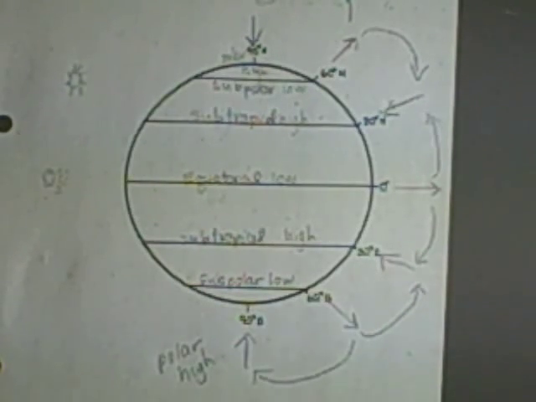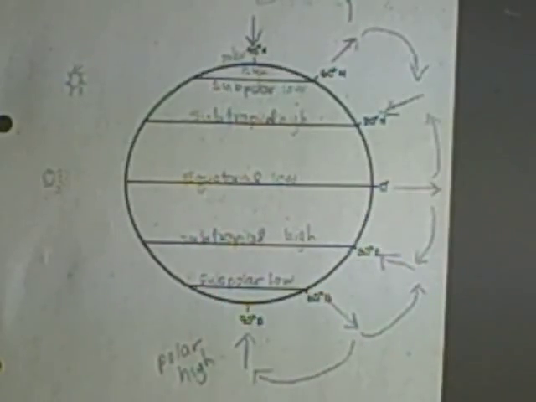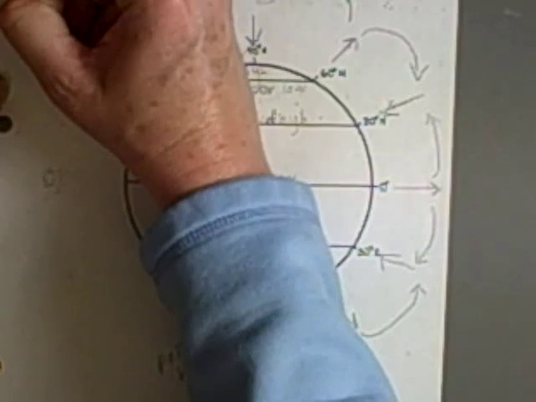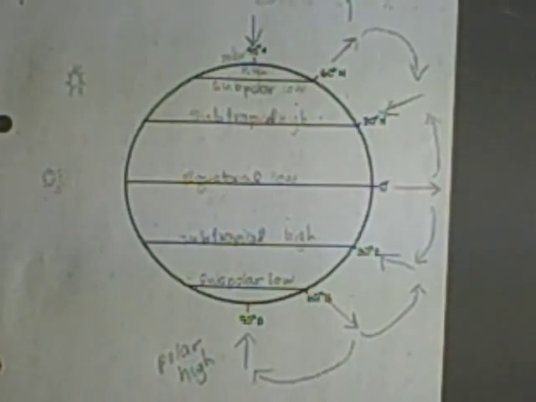Now in a different color, I'm going to put the surface winds, because this is what we're going to eventually translate and put across the surface here. What you have to remember for this is that wind always goes from high to low. It never goes from low to high. It's a density thing. It's trying to equalize and reach equilibrium, so it's going to move from high to low.